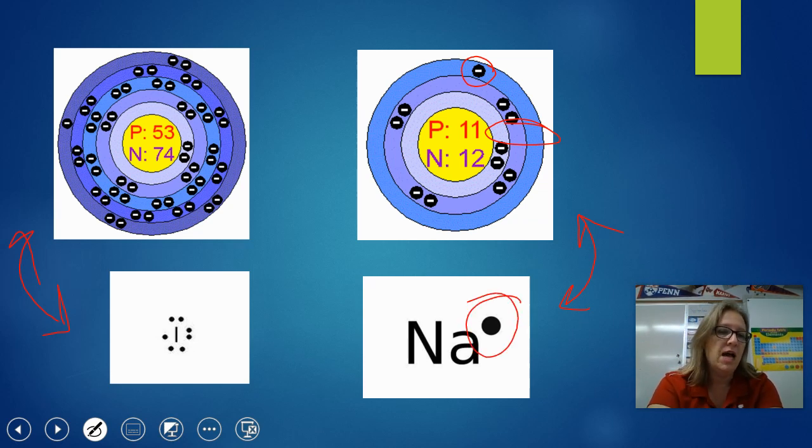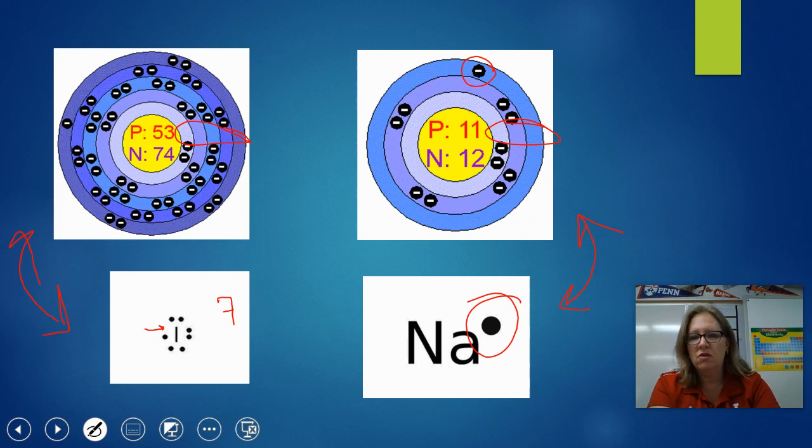Iodine is element number 53. Iodine is in period 5 with those 5 layers there. And iodine actually is in that family number 17, which tells us it has 7 valence electrons. And that's why there's a dot missing right there.